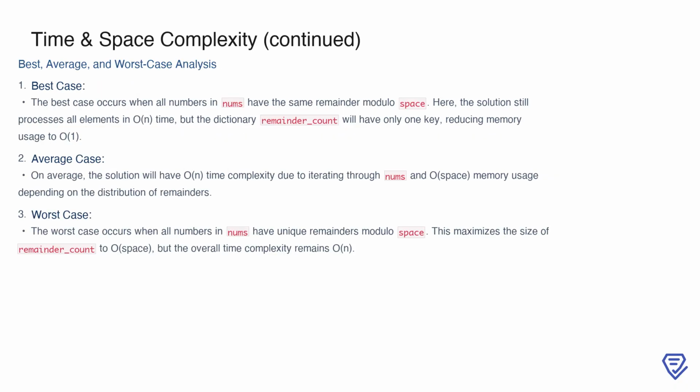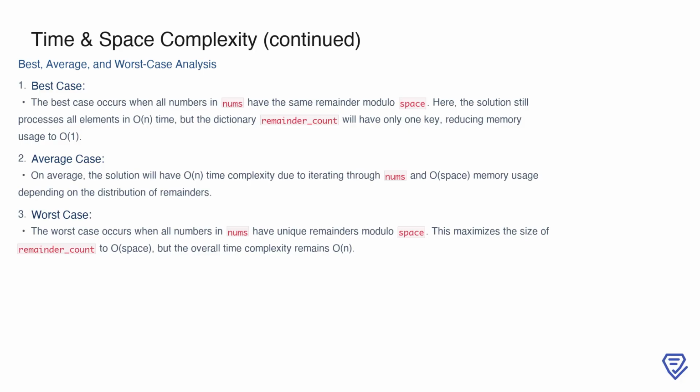Let's now consider how the solution performs in different scenarios. In the best case, all numbers in nums have the same remainder when divided by space. Here, the algorithm still processes each element in O(n) time, but the remainder_count dictionary will only contain one key. This minimizes memory usage to O(1).